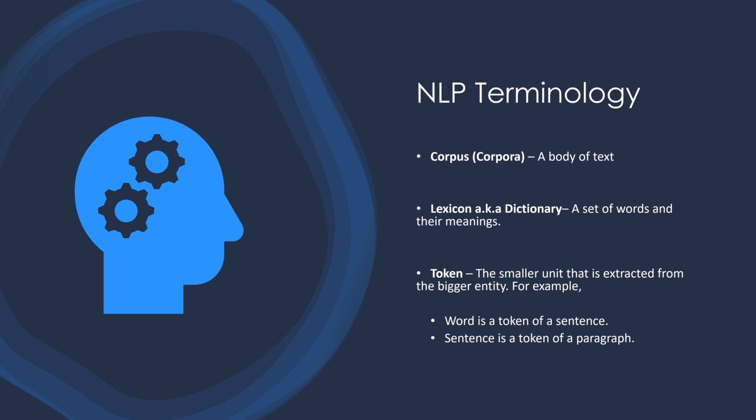And finally, tokens refers to the smallest unit that is available. So take an entity, we want to split it into smaller components to understand it well. So if you take a paragraph, then the tokens of a paragraph can be its sentences. And if you take a sentence, each word is a token.